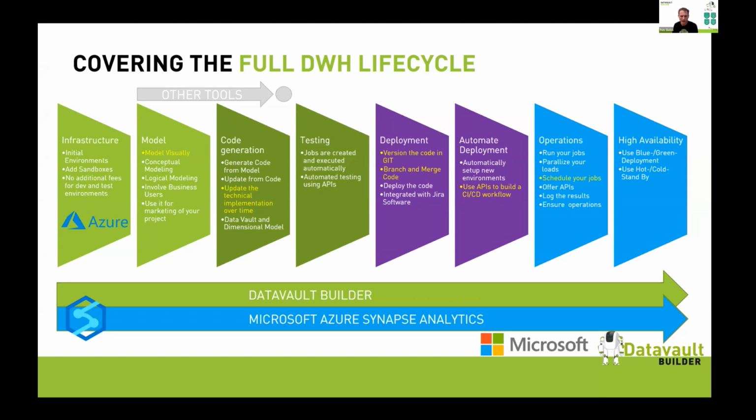So the Datavault Builder can compare two different environments and shows you the differences. You can select what you want to deploy between the environments, and then roll out the changes automatically. Or if you use the distributed approach, it will generate files for you to check into your Git server.